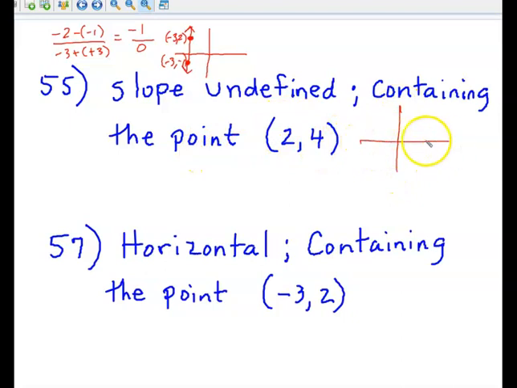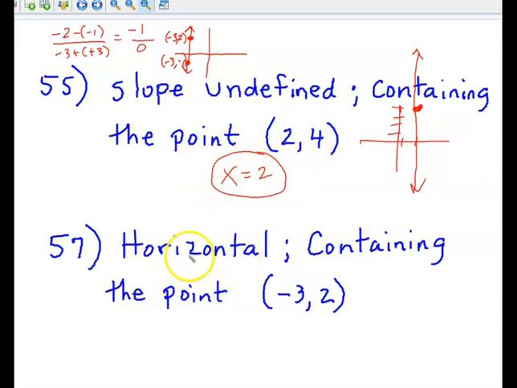If 2, 4 is on that line, and it's vertical, that means every x-coordinate on that line has to also be 2. So this is describing the vertical line x equals 2. Horizontal lines, however, have a slope of 0.